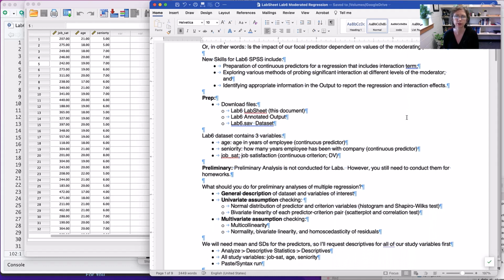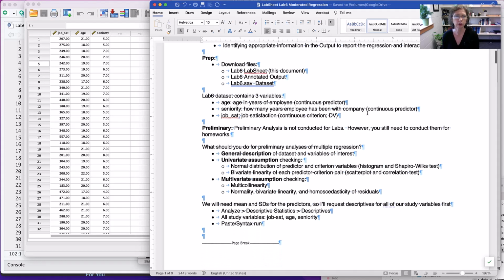We're going to have some new skills going on, getting our continuous predictors ready for the regression, creating mean-centered terms and interaction terms, and identifying some information in the output to report, and really doing a lot on probing interactions, because I have a few different options for you to check out in our lab.